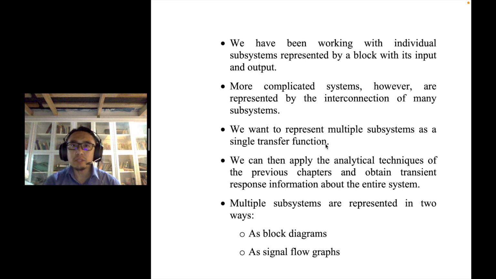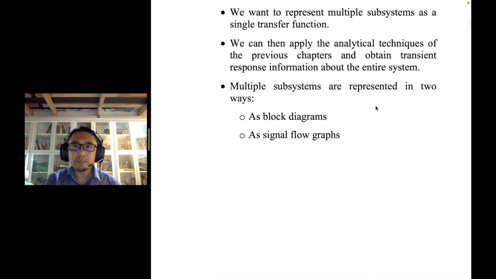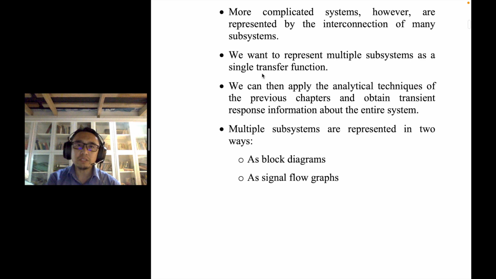We have been working with individual subsystems represented by a block with its input and output. However, more complicated systems are represented by an interconnection of many subsystems, and we want to represent multiple subsystems as a single transfer function. This is the problem we looked at before. We have a physical system, we represent it using mathematical equations and then block diagrams.